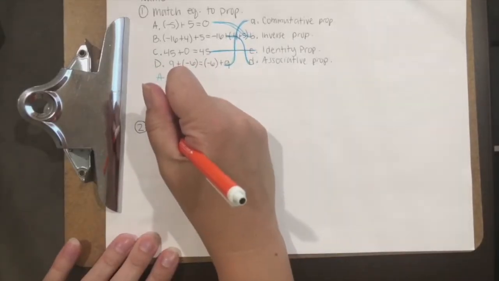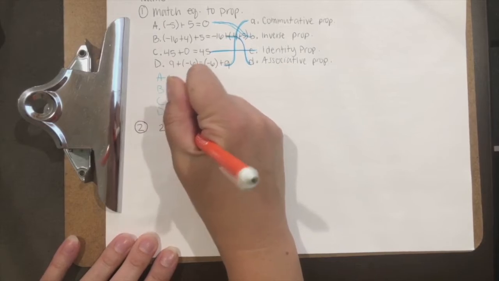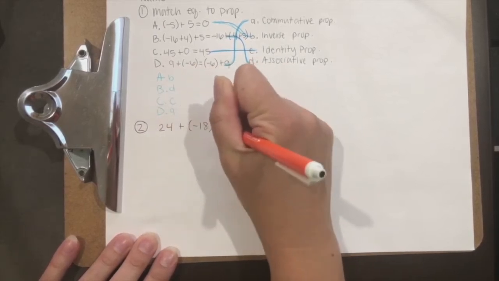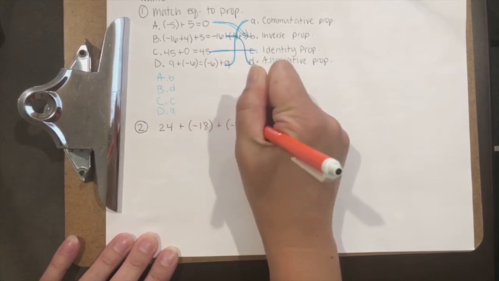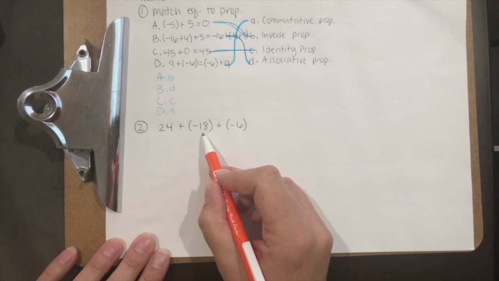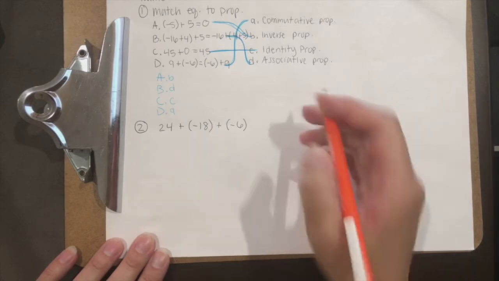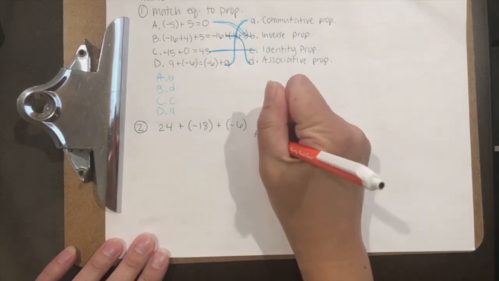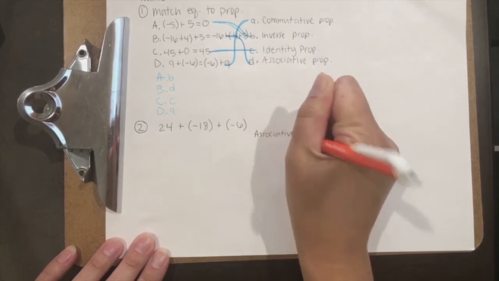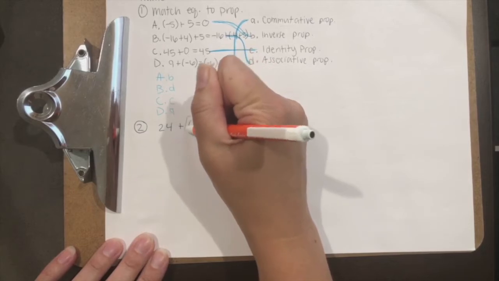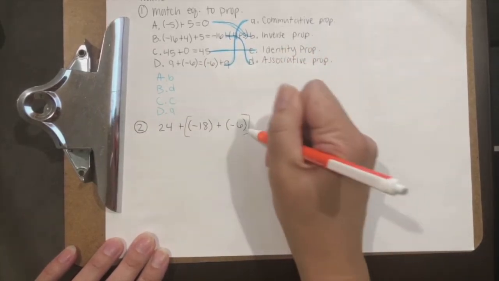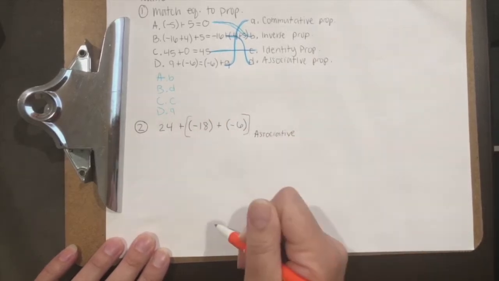So number 2 starts with 24 plus negative 18 plus a negative 6. Well, I think that I'm going to use the associative property to put together the negative 18 and the negative 6. So I'm going to associate them to each other.